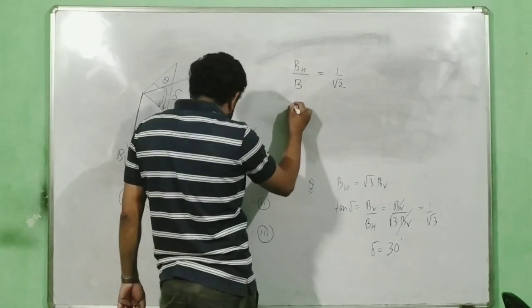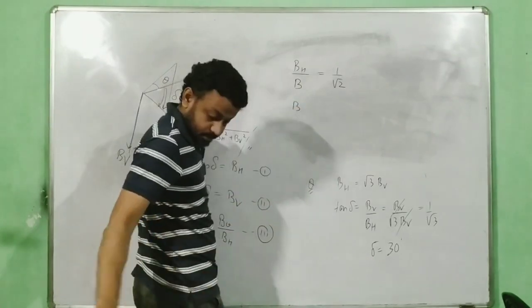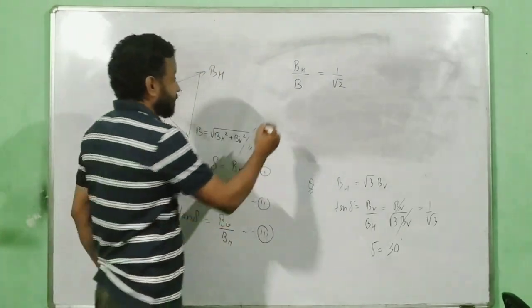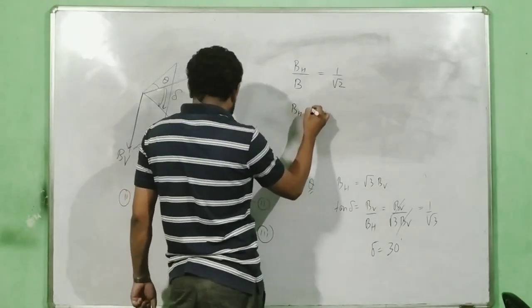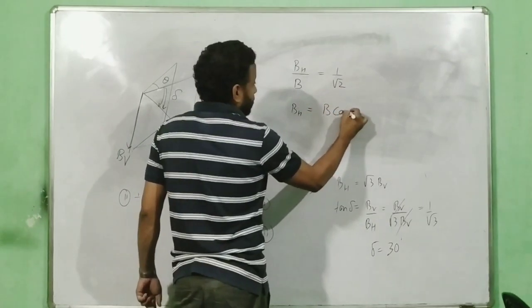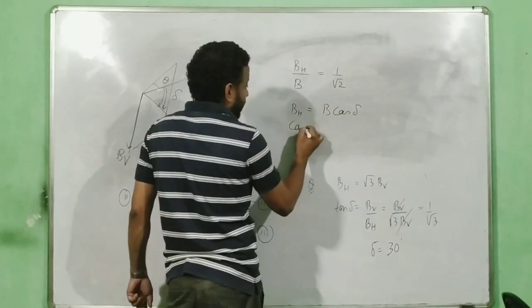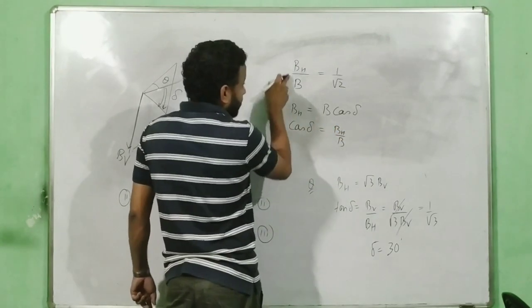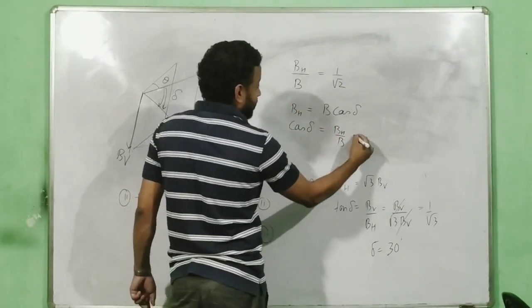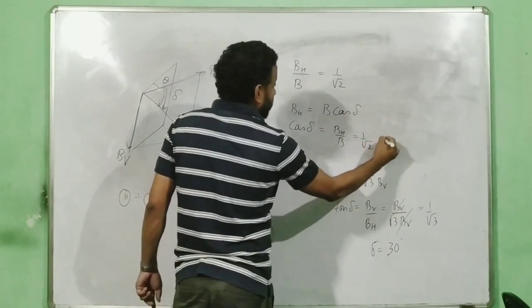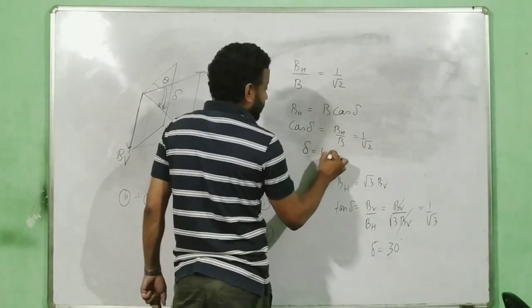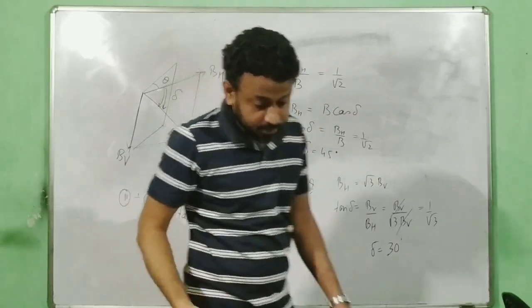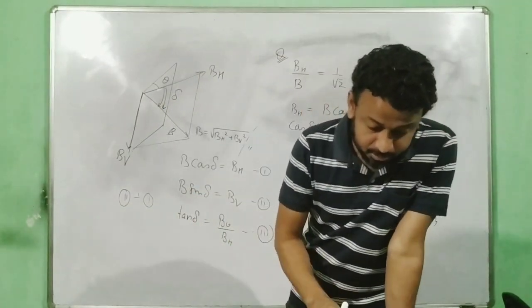So we know that BH is equal to B cos delta. So the value of cos delta will be equal to BH by B. Now what is BH by B? Which is already given to you. BH by B is given as 1 by √2. This implies the value of delta is equal to 45 degrees. This is another question which I just discussed. So these are the types of questions which they ask, and these are very simple questions.